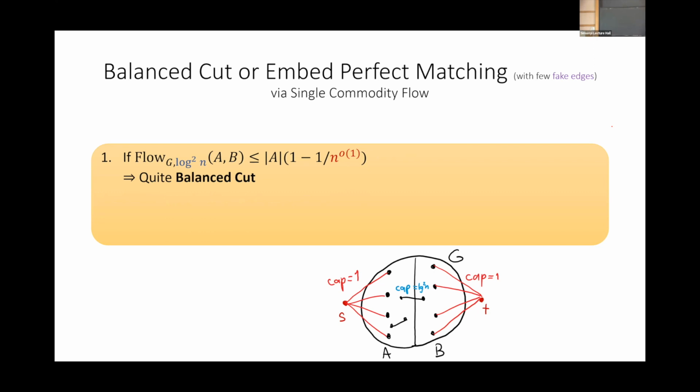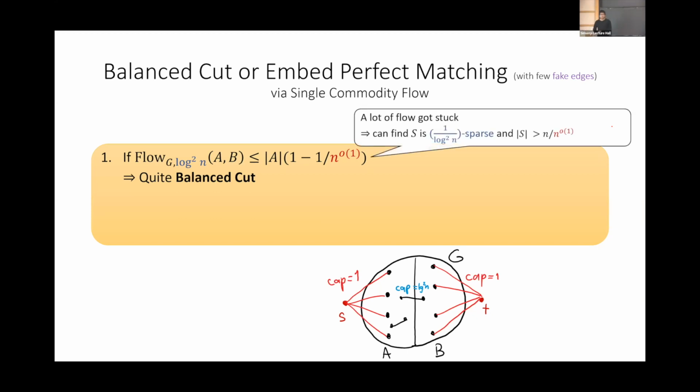Think of this as much smaller than A. If the max flow from A to B in this graph is much smaller than A, I claim that it means that you must get a balanced sparse cut in this graph. And the intuition is this. It means that when you try to send flow from A to B, a large part of the flow got stuck, right? This is much less than A. So a large part of the flow got stuck.